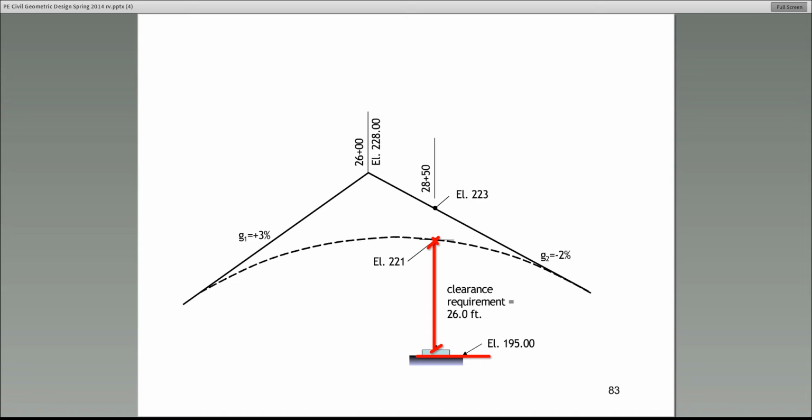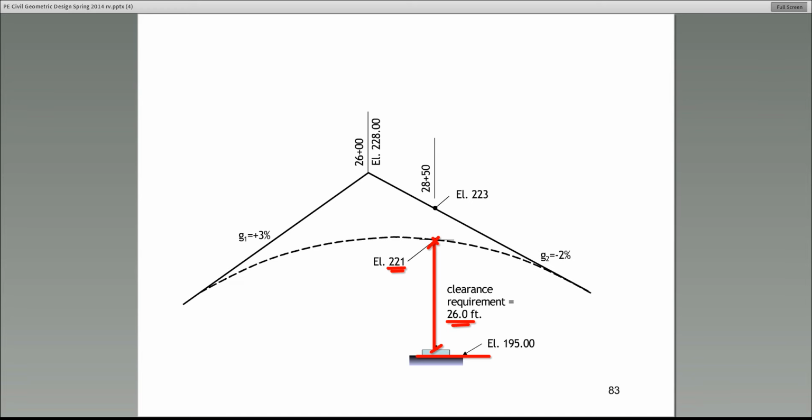The clearance must be at least 26 feet. So, knowing that, what is the elevation of the curve? What elevation do we need the curve to have at that point? It's 221. That's the way we got that: 195 plus 26. All right? So that's 221.